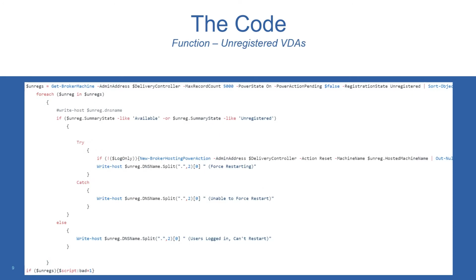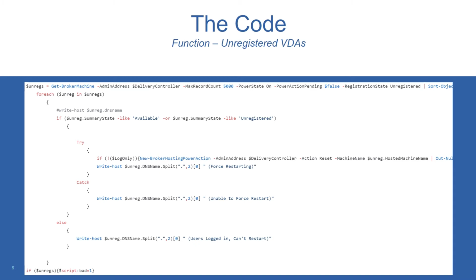This function is the unregistered VDAs. We're going to be going through the different functions, but everything looks pretty similar as far as being in a function. It will do some sort of variable name that's relevant to the function itself, and then you store that.